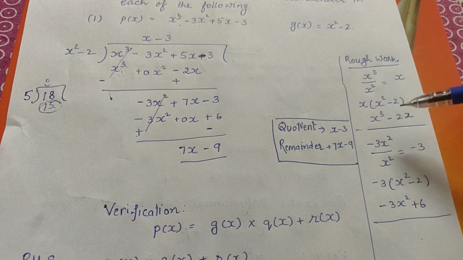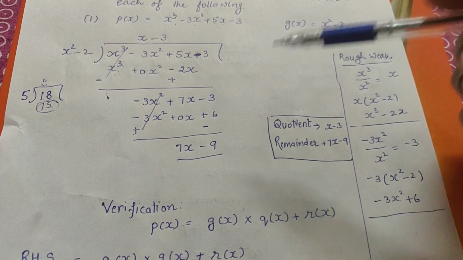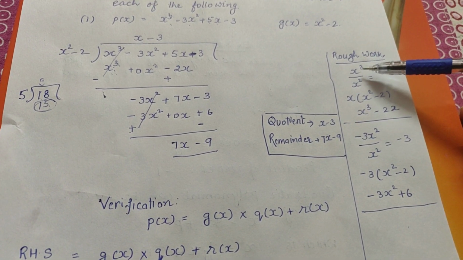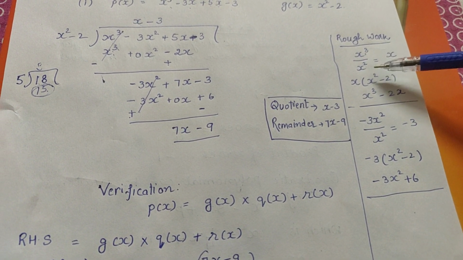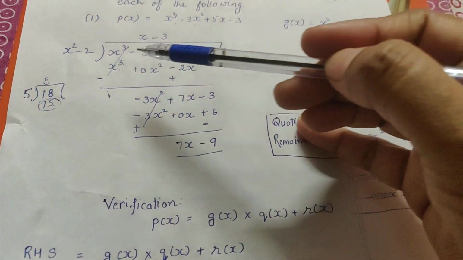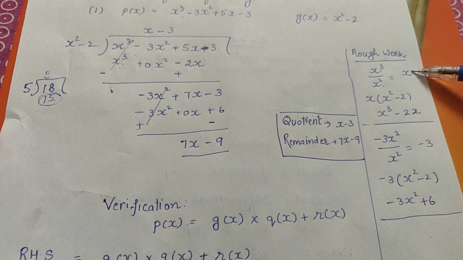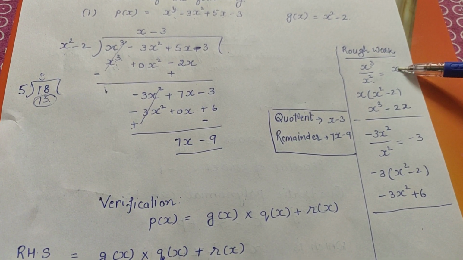So to see with what number x square should be multiplied to get x cube, what have I done? I have divided x cube by x square. So I have got x. So I have got this number that it should be multiplied by x.